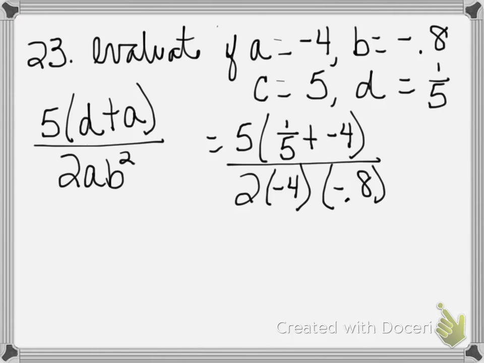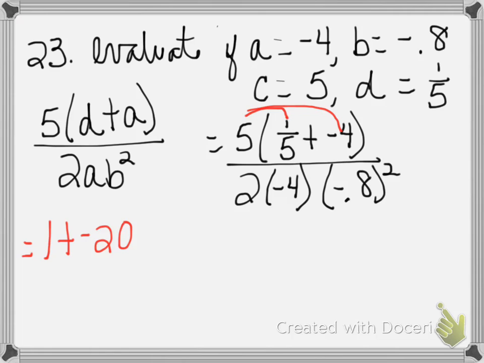But I saw that if I did the distributive property instead, my denominator would go away. So I felt like that was the easiest route because 5 times 1/5, the 5's go away and you just get 1. And then multiply 5 times negative 4 and you get negative 20.